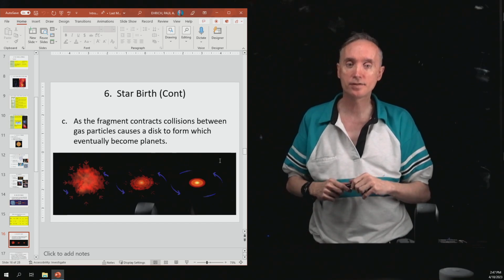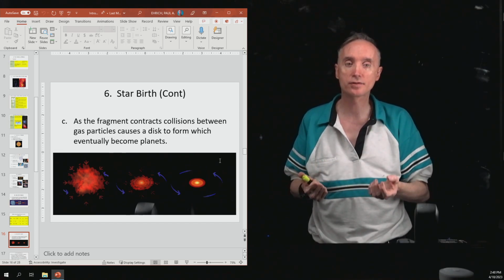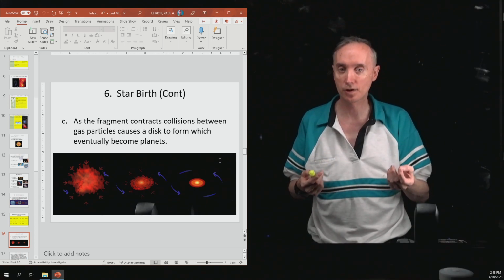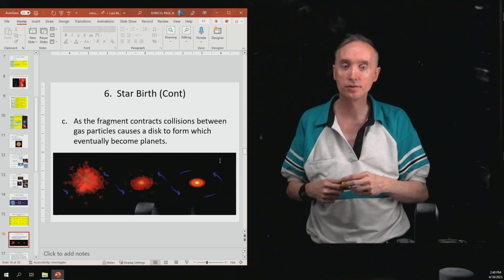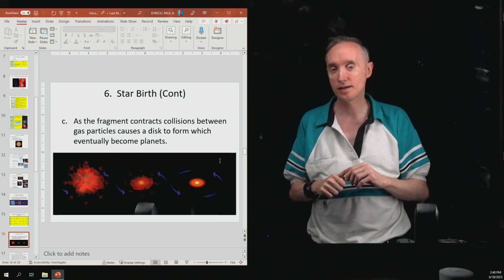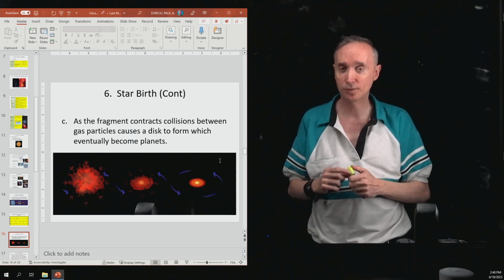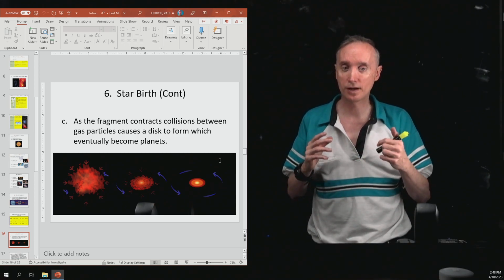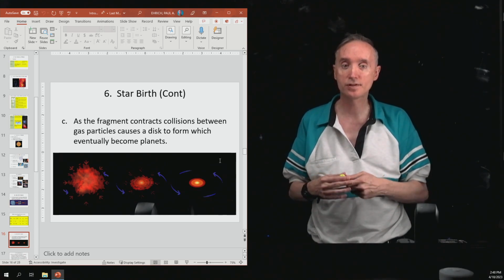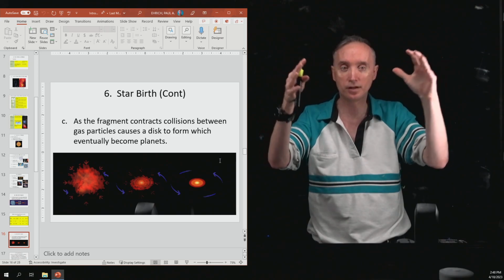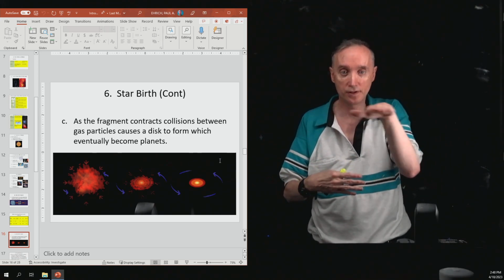All right, now the next thing that's going to happen is as the fragment contracts, collisions between the gas particles cause a disk to form, which eventually becomes the planets. Does that sound familiar? Yeah, we already talked about this in unit number 2 when we talked about the formation of the solar system, and we said that as the gas cloud collapses because of collisions, it flattens into a disk.